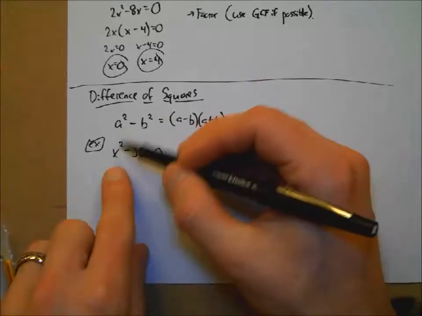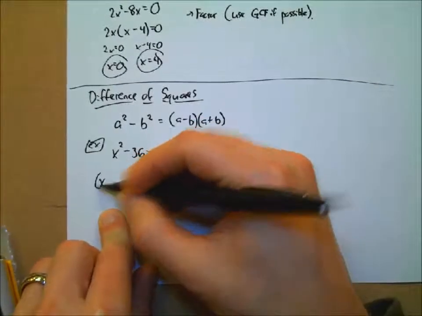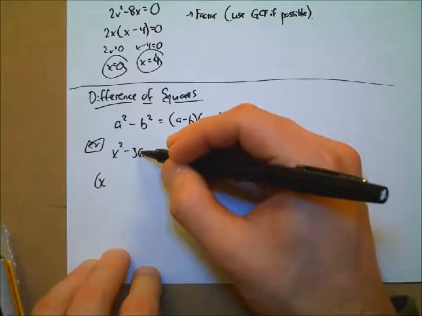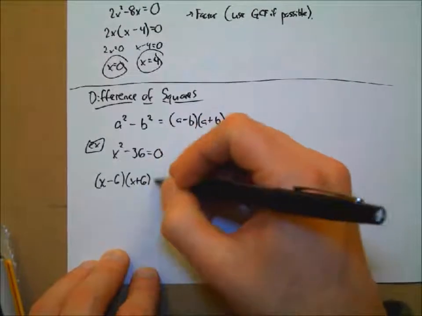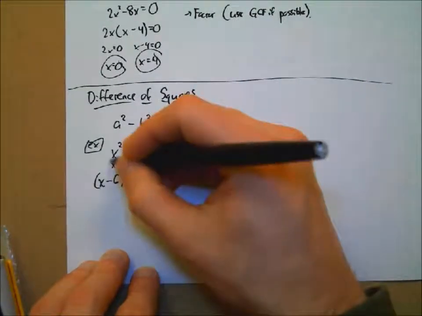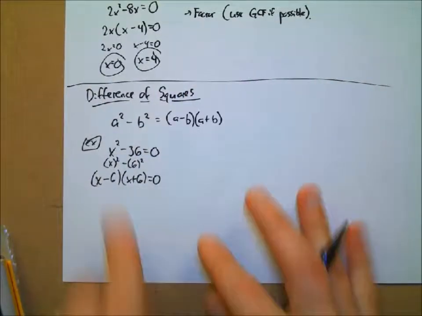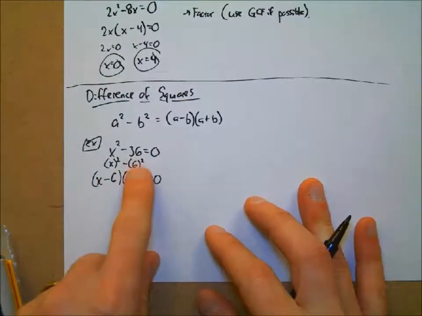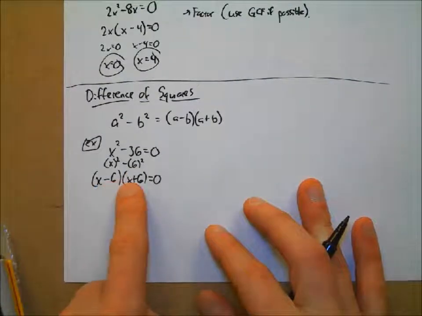In this case, x squared is a perfect square of x, and 36 is a perfect square of 6, right? So it's going to be x minus 6, x plus 6 equals 0, right? That is, if you need to see it in an easier format. So there's your a, x, there's your b, 6. So a minus b, a plus b.